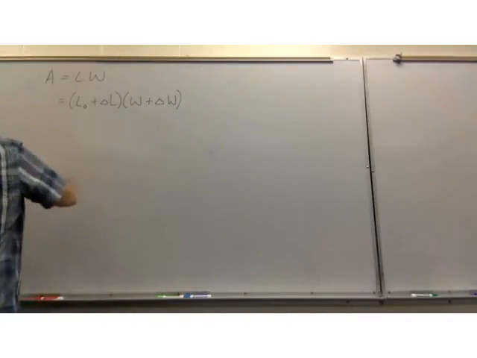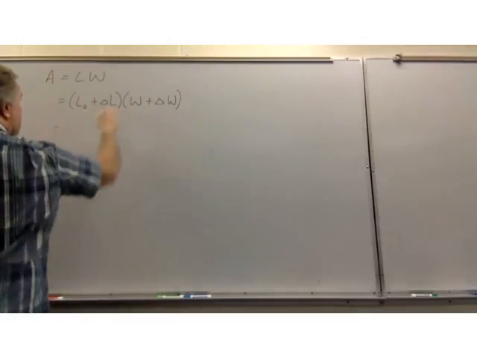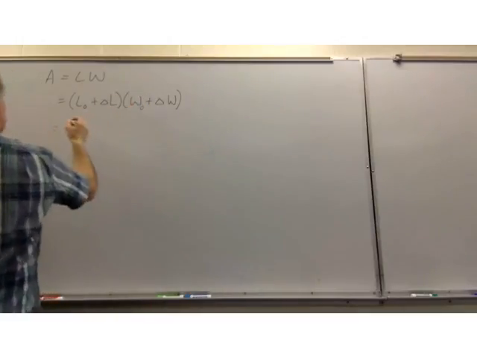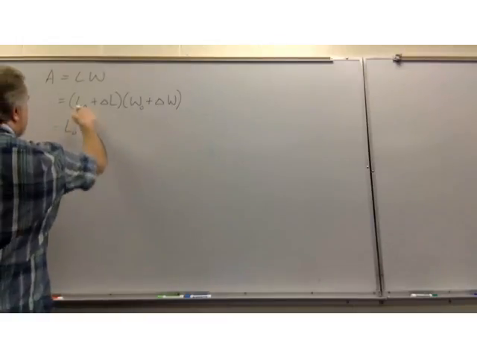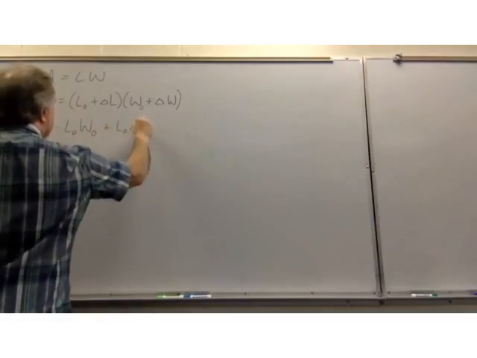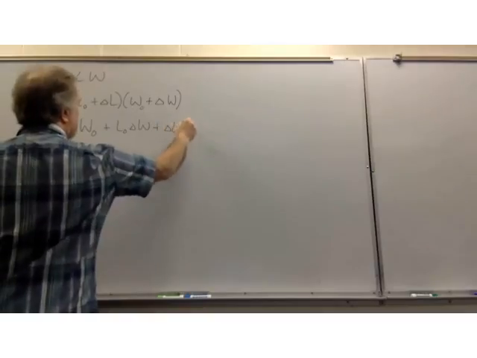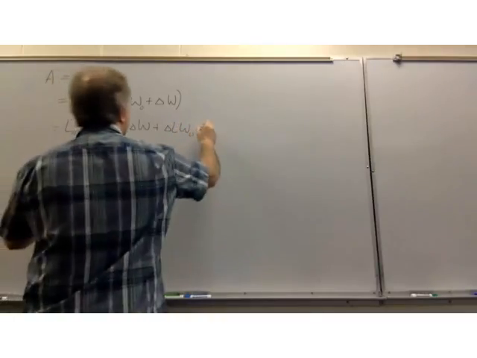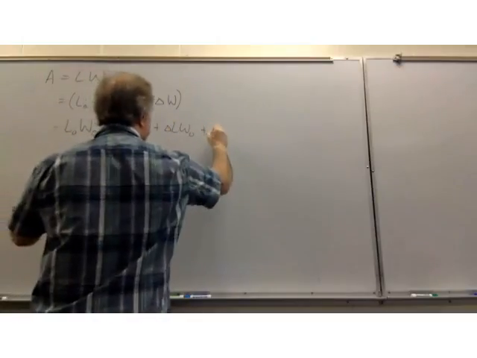Okay, and so this is just the product of two binomials, so we have L naught times W naught first, outside, plus L naught delta W inside, plus delta L W naught, and then out last, delta L times delta W.